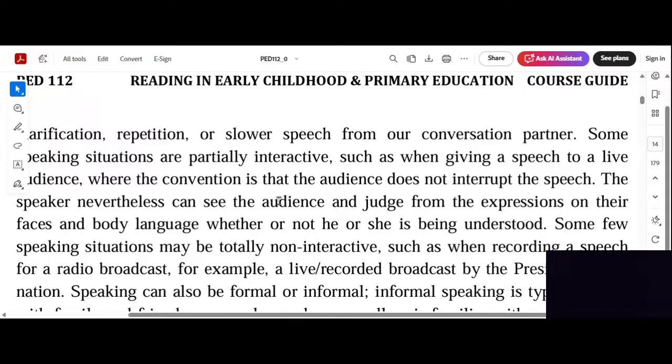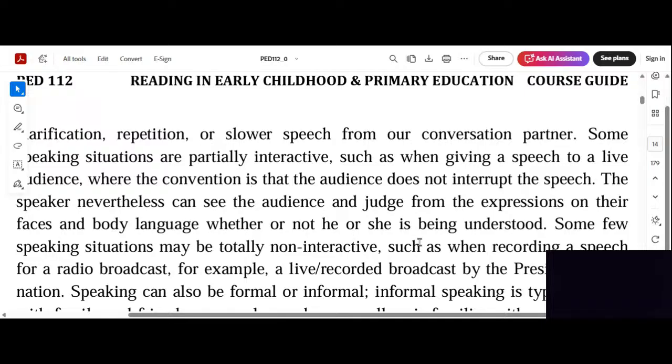No. So also when somebody is giving a live speech, it's like that. You see the person in front of a large audience on the podium delivering the speech. The only way he is able to know whether his speech is impacting or not is through non-verbal cues, expressions on the audience's faces, body language and the rest of them.